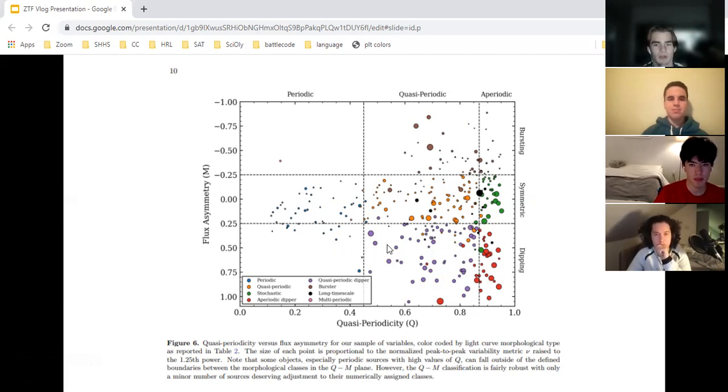So that's a pretty central argument we make in our paper: that Q should be tailored to each study, because each study is definitely going to use different data in different areas of the sky.